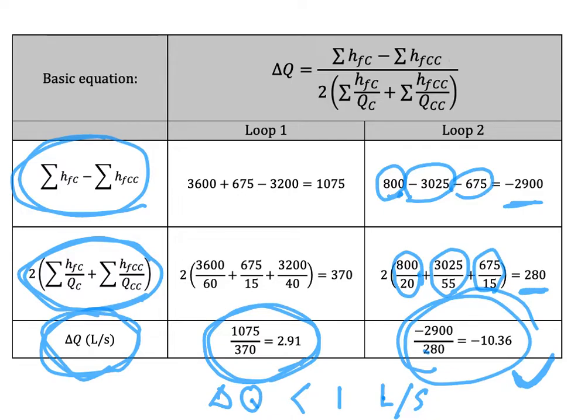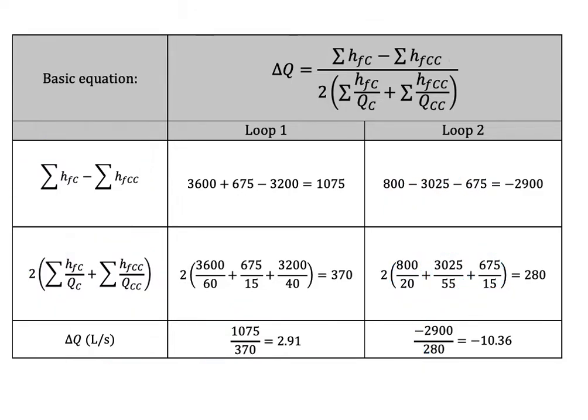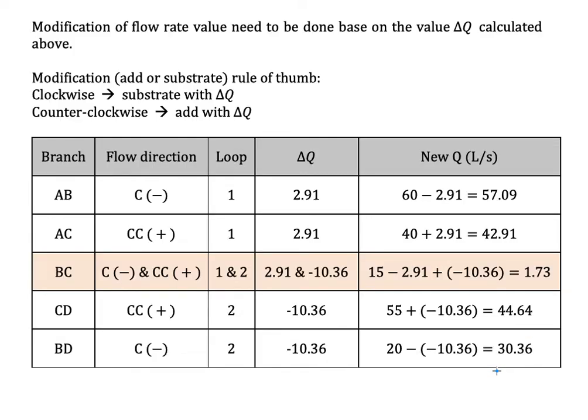So what you need to do is rebalance, or propose the flow rate based on the value of delta Q here. The modification of the flow rate needs to be done based on the value of delta Q calculated above. Modification means you add or subtract the value depending on this rule.